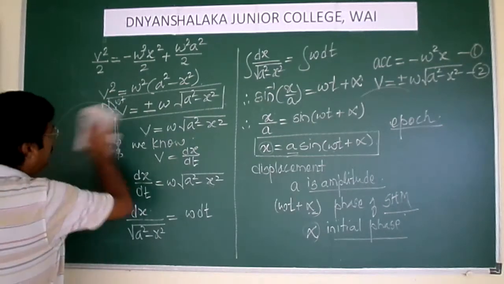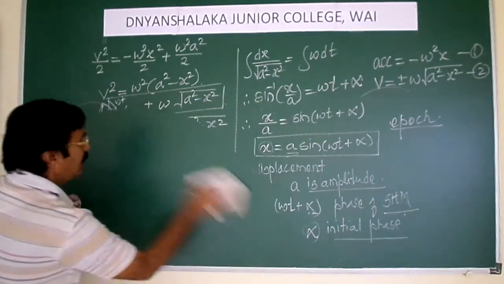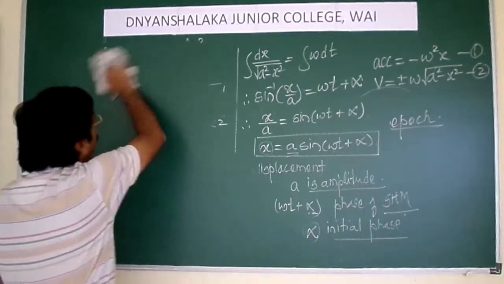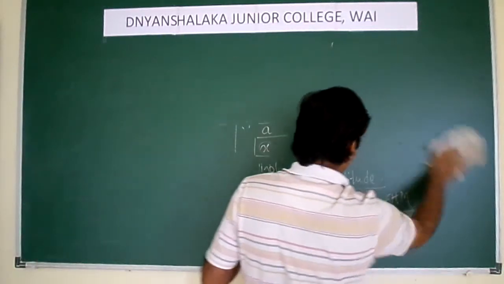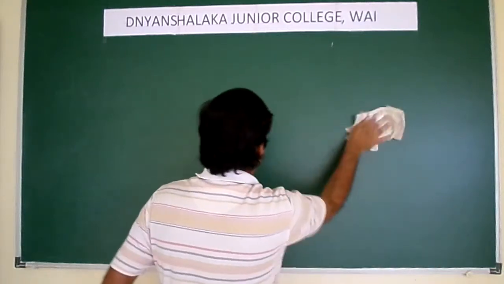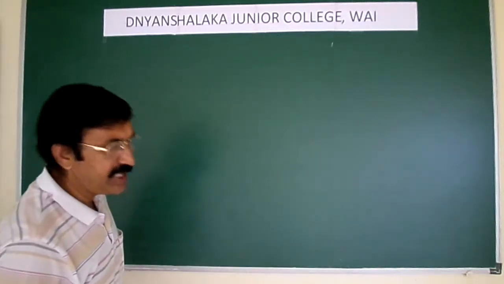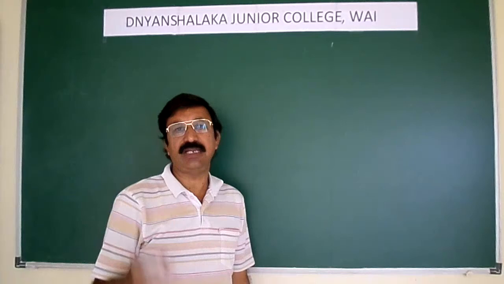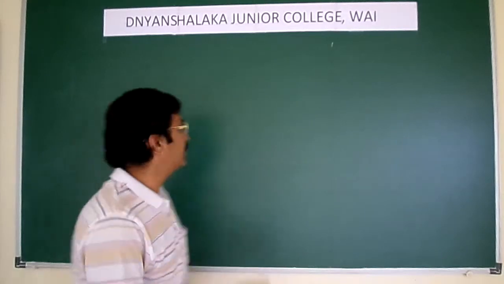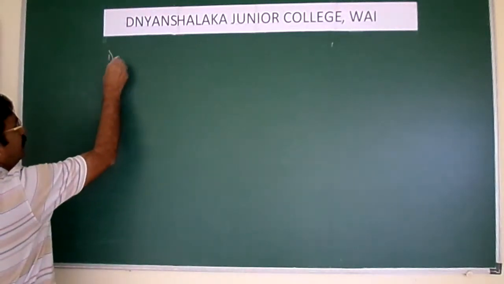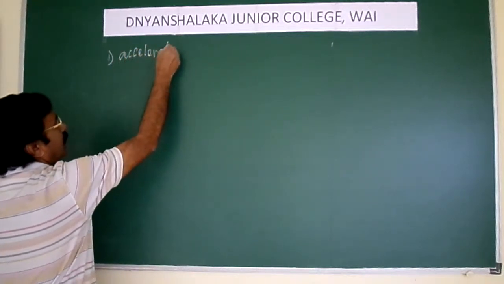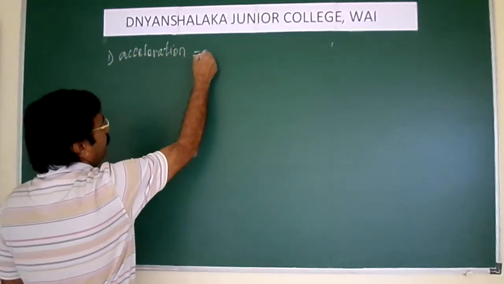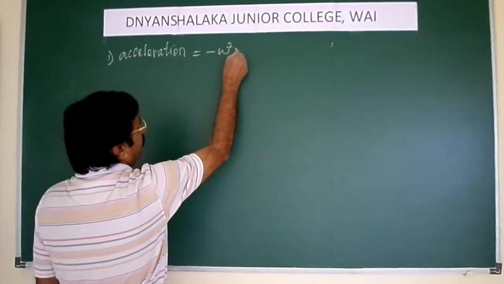And so now we can list the three important expressions which we have derived, starting with the differential equation of SHM as number 1: acceleration in SHM is minus omega square x.